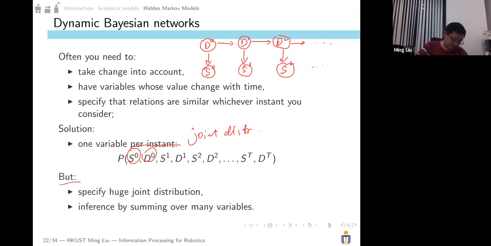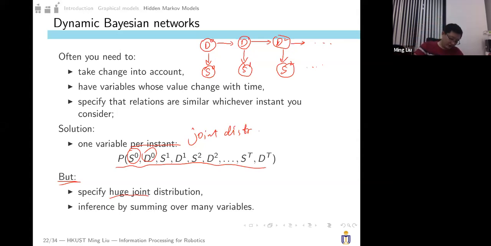But the problem is, if you really want to compute the joint distribution in this way and then do the marginalization, it requires huge space complexity, right? You have seen the demo of the UEV.